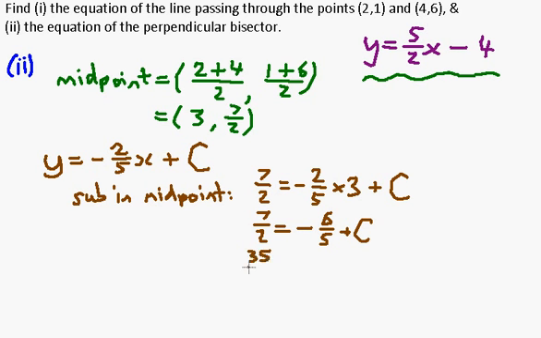So 7/2 is going to become 35/10 because I'm multiplying top and bottom by 5, and 6/5 is going to become 12/10. It has become positive because I've moved it over to the other side of the equation. So C must actually be equal to 47/10.